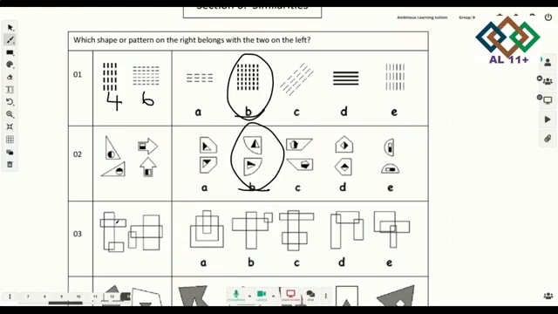Small, big, medium. 2 of the rectangles overlap on their corners, and the third overlaps completely. So it's overlapping completely if you look at that. So what do you think the answer could be? I'll give you guys time now to do this one for me. So the answer is B.